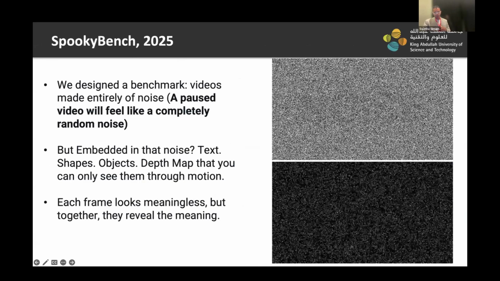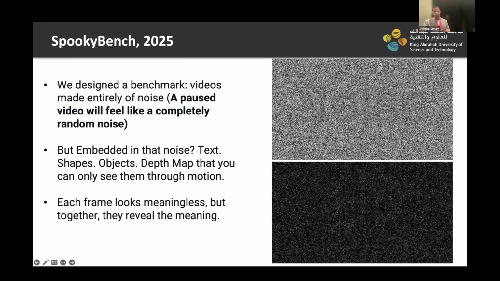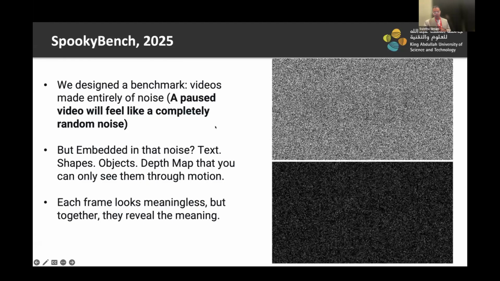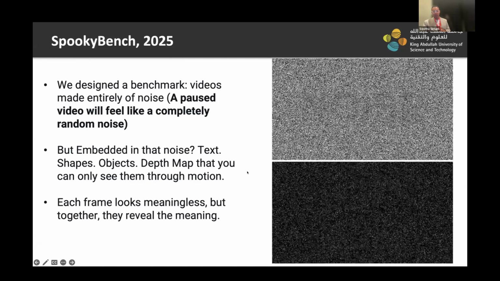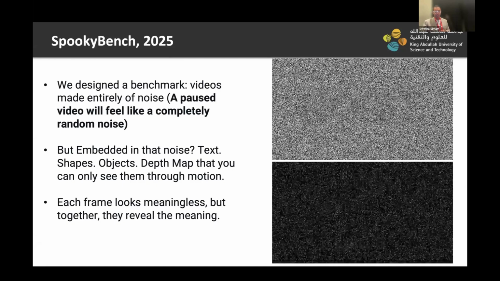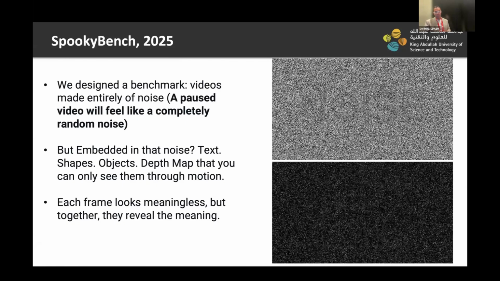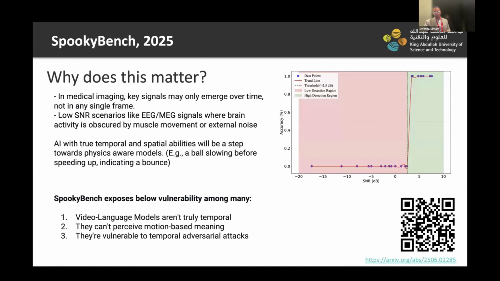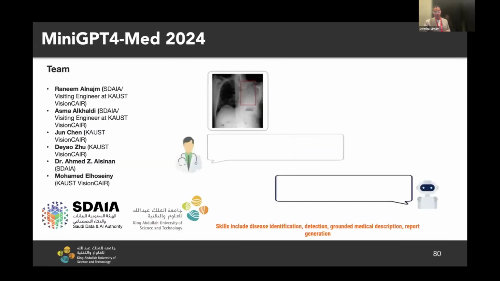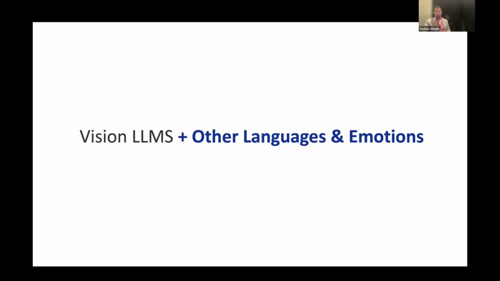One last thing I would conclude with is we also released recently something called Spooky Pinch, which shows that with video information that has a high signal to noise ratio, existing models have zero performance across the board. So these are tasks that have 98% human accuracy, where existing models struggle to do well. This has applications in the medical space, for example, and so on.